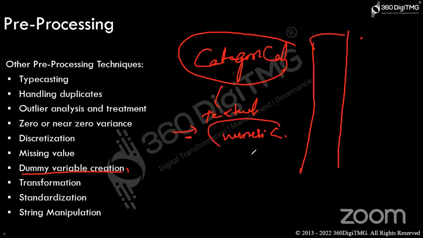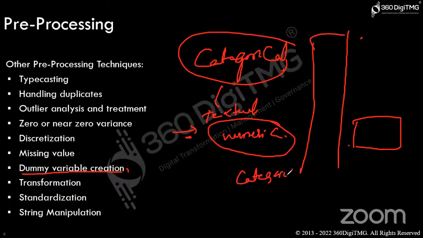Why? Because the model won't understand categorical data. So we have to convert those categorical values into numerics. Then only it will be able to understand. For that, we have different techniques.